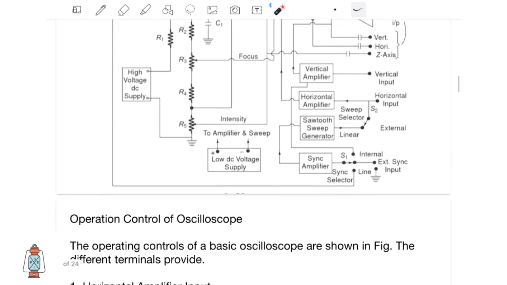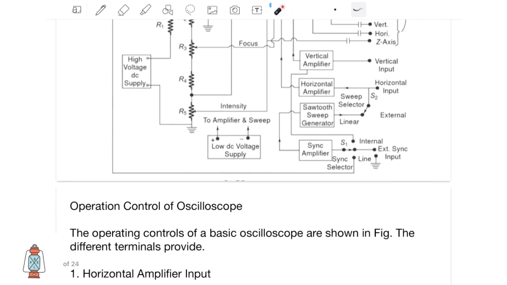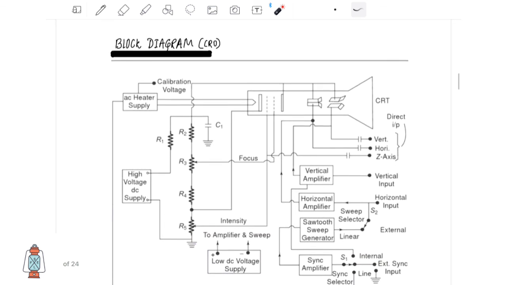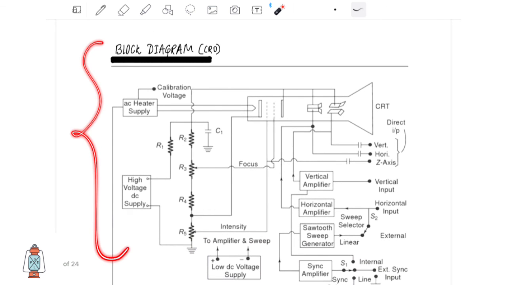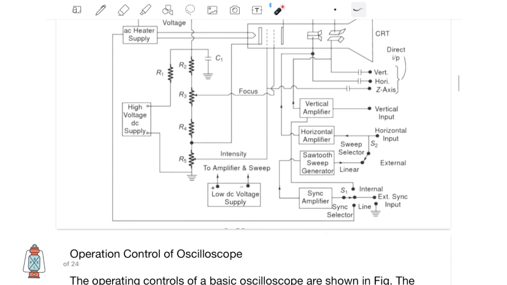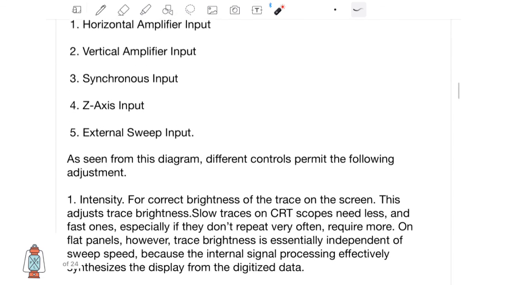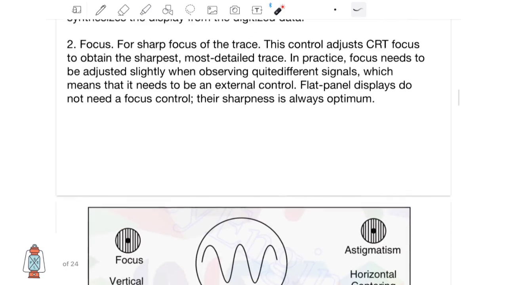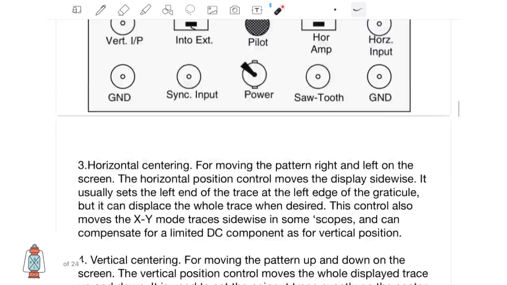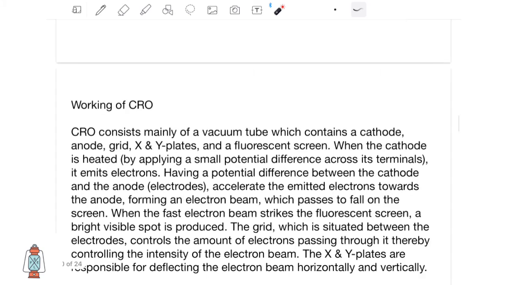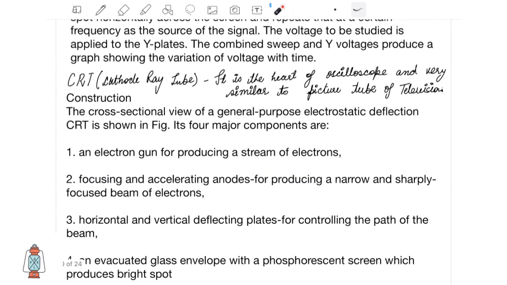Now block diagram of CRO. Now on this I will come back again, block diagram of CRO. First let me explain you the working of CRT, how this CRT functions. ये CRT कैसे काम करता है, let me explain you that.